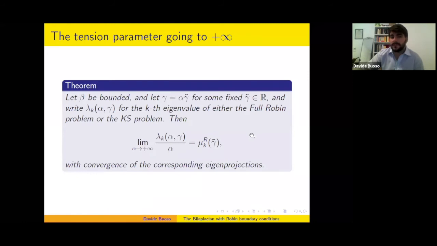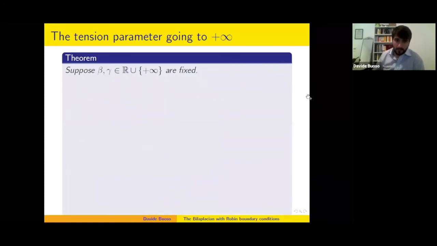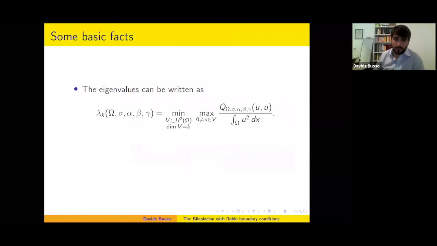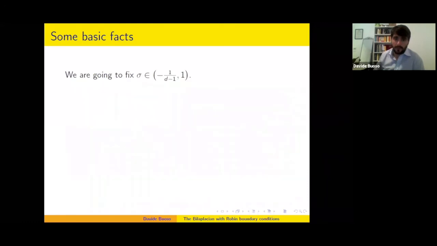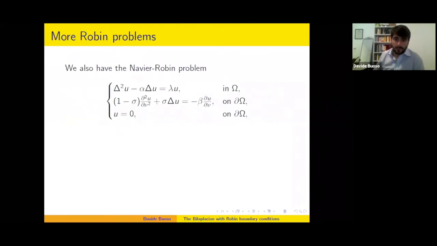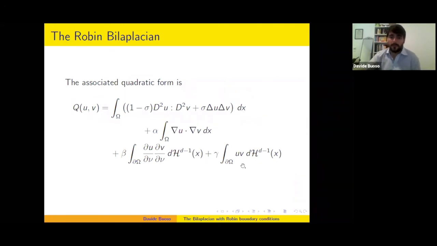Now, the interesting thing is what happens if instead of letting gamma go to plus infinity, we let beta go to plus infinity. So let me just go back to the statement of the quadratic form, which is here. So you see that now, if you divide by alpha, this is going to 0, this is going to 0 because gamma is fixed, and this is not going to 0.